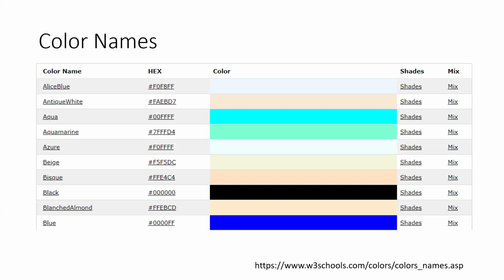Now, if you need colors, I have given you one example where you can find color information. You can provide the color by name. Second, you can provide the color with the hexadecimal value, or hex. We discussed the basic idea behind this.